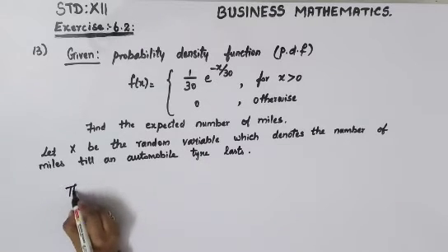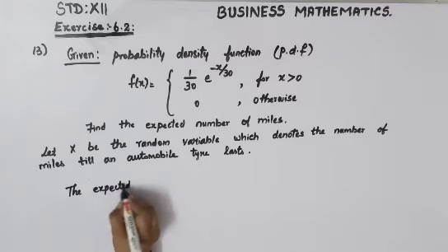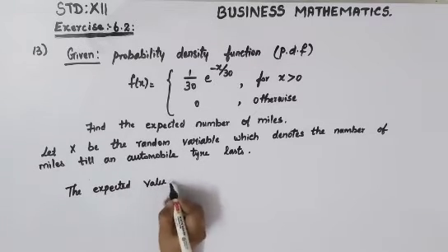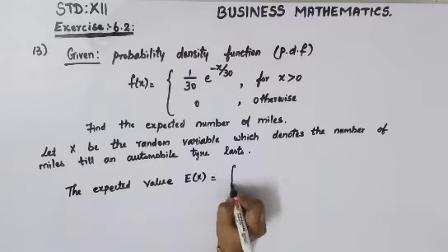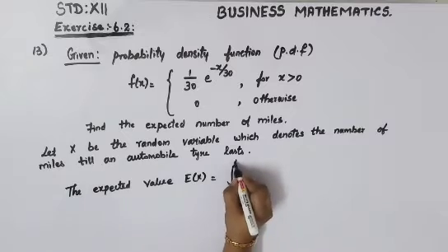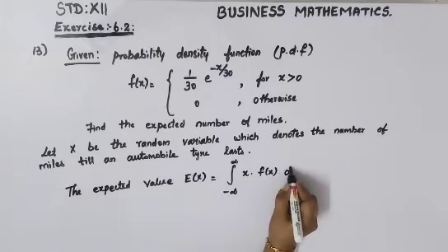So the expected value, that is E of x, the formula is integral from minus infinity to infinity of x into f of x dx.